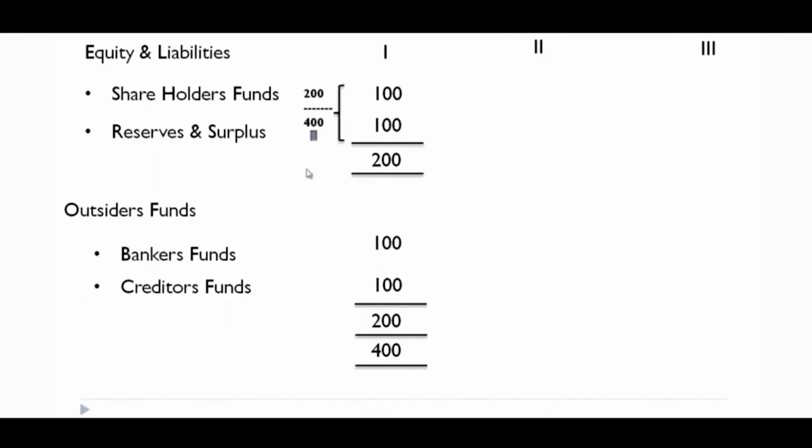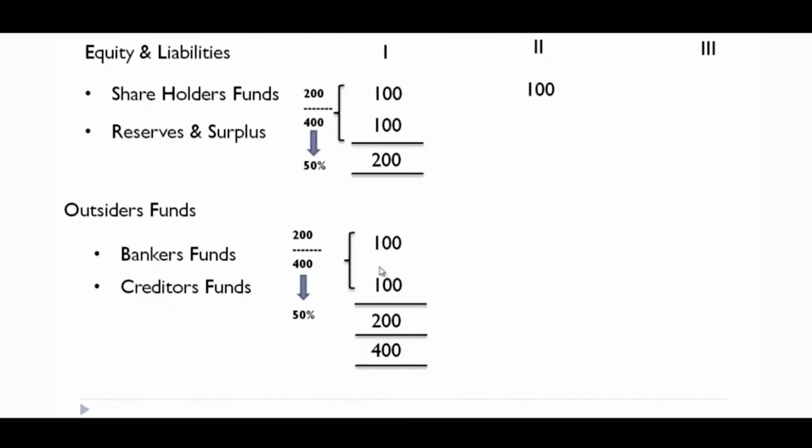So the shareholder funds constitutes how much? 50% of total funds. Whereas the outsider funds is also 200 on 400, which is 50% on 400. So here you can understand that owners and outsiders are in equal proportion. They have contributed 50-50.